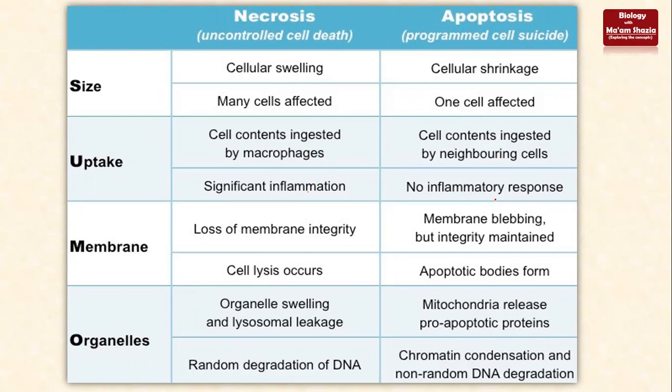Significant inflammation in necrosis, no inflammatory process in apoptosis. Loss of membrane integrity in necrosis, membrane blebbing but integrity maintained in apoptosis. Apoptotic bodies form in apoptosis, cell lysis occurs in necrosis. There is no need to write these points for ninth class. Chromatin condensation and non-random DNA degradation in apoptosis, random degradation of DNA in necrosis, right?